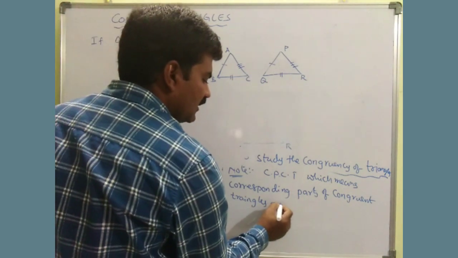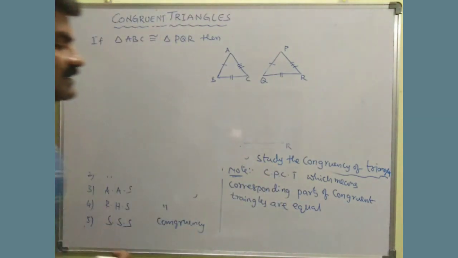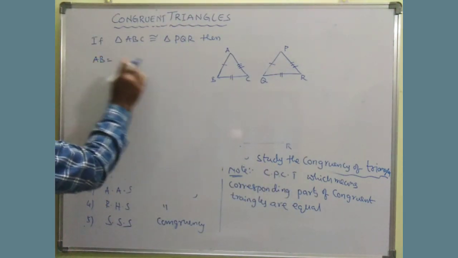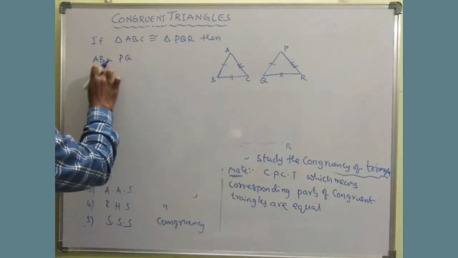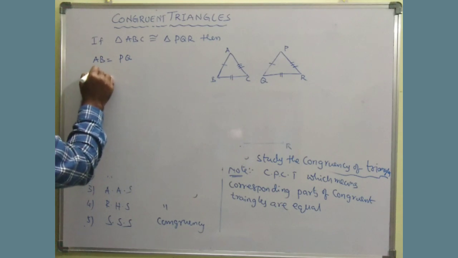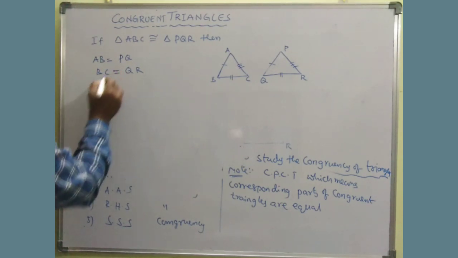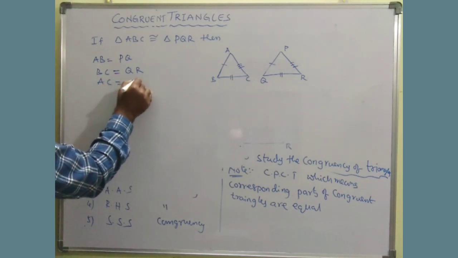That means AB is equal to PQ, BC is equal to QR, and AC is equal to PR.